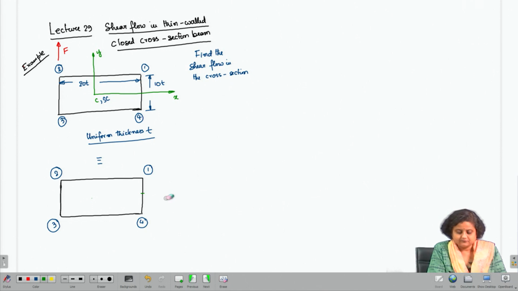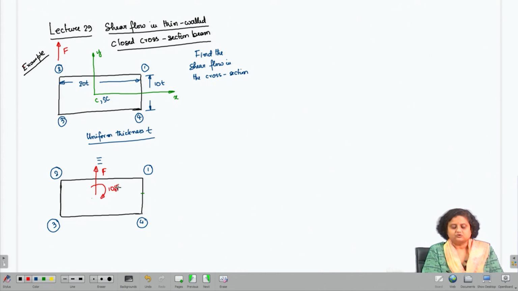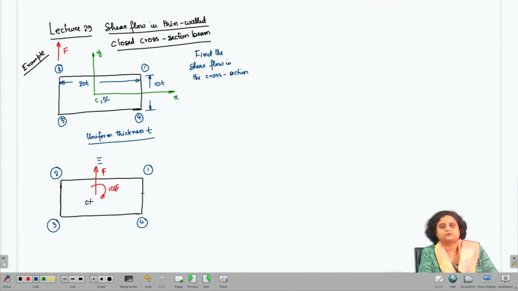So, we can convert this force to an equivalent force system, which is the force F through the shear center or the centroid, and a moment which is given as 10t F. So, this is the equivalent force system. This is the centroid or the shear center of the cross section.